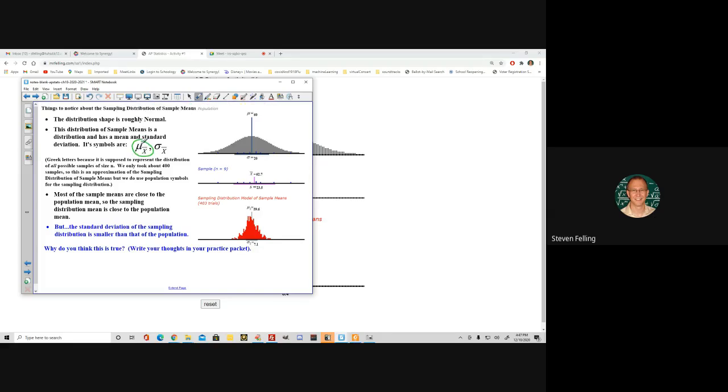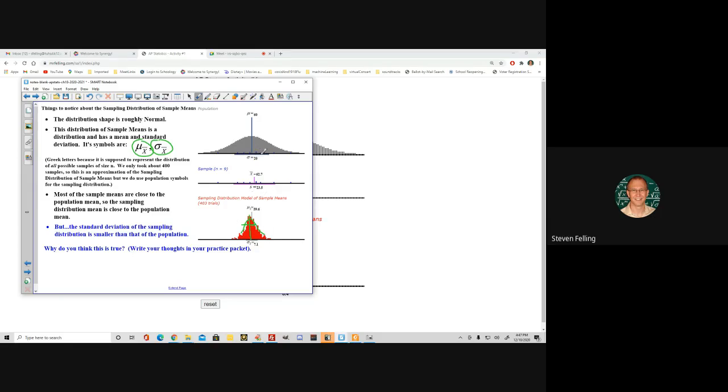The reason we call it mu is because technically this is supposed to be all possible samples of size n, so it's a population in itself, but it's a population of means. And this is the standard deviation of the means. So this is the symbol we use for the third level, the mean and standard deviation of the sampling distribution of the means.